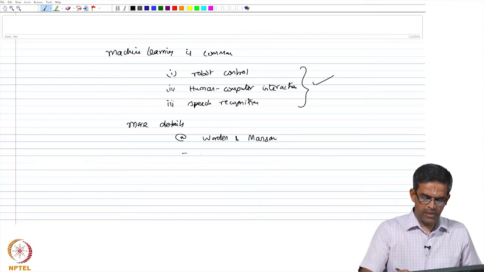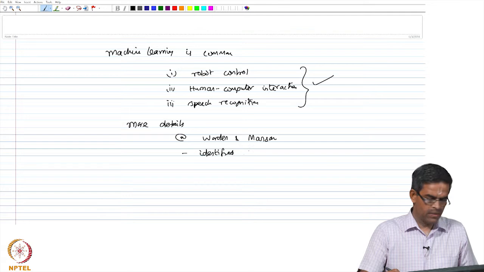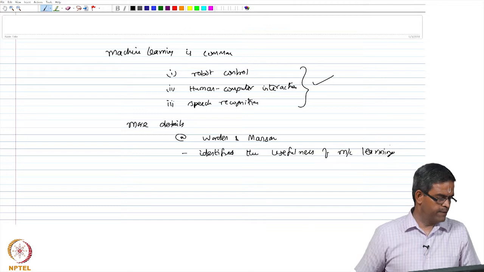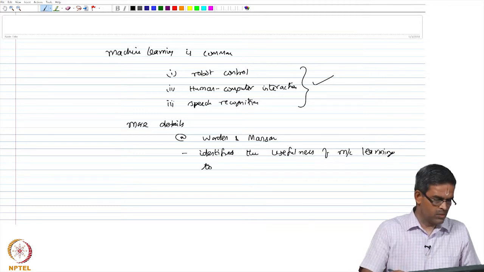Where they identified the usefulness of machine learning to detect damage.